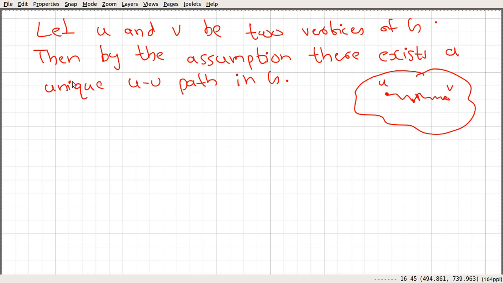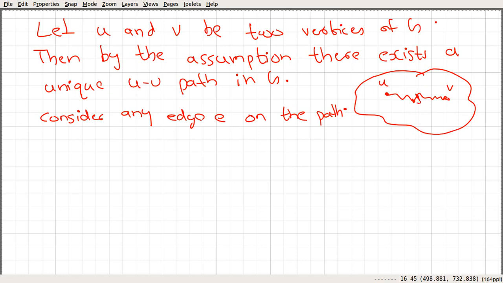So let's consider any edge E on that UV path.